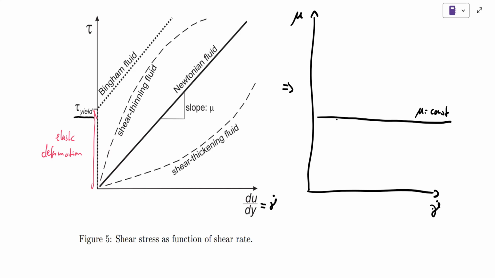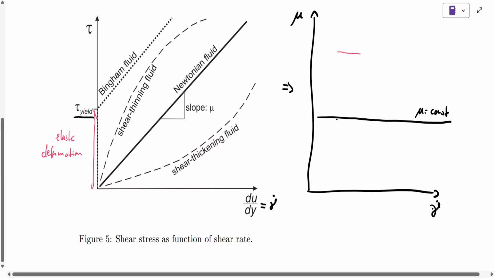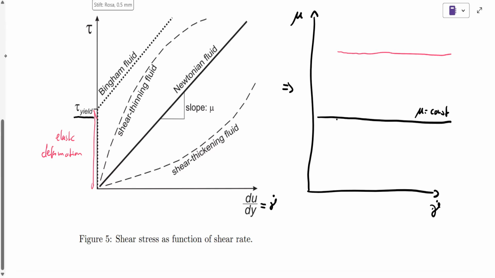And then we can also do exactly the same in order to get the dynamic viscosity depending on the shear rate, just by differentiating it. So for greater shear rates, we see Newtonian behavior, so we get a constant value. And for smaller shear stresses, the viscosity should tend to infinity.